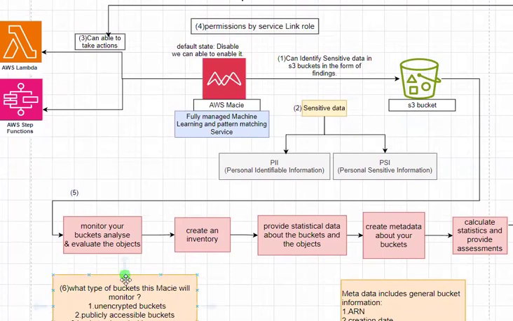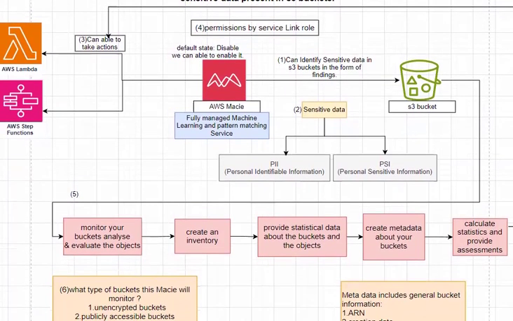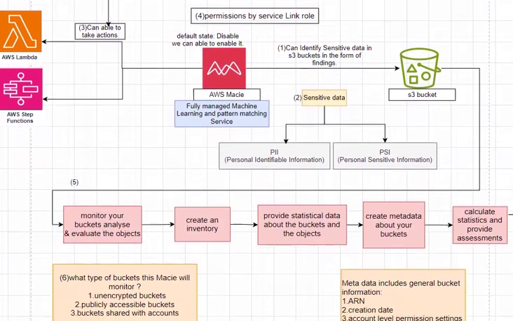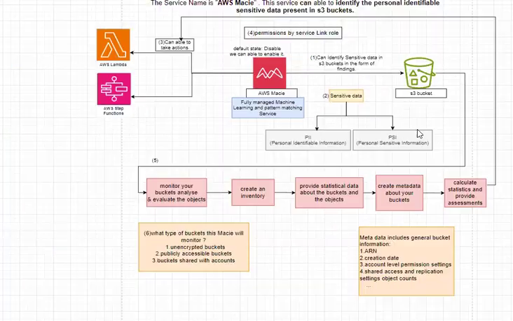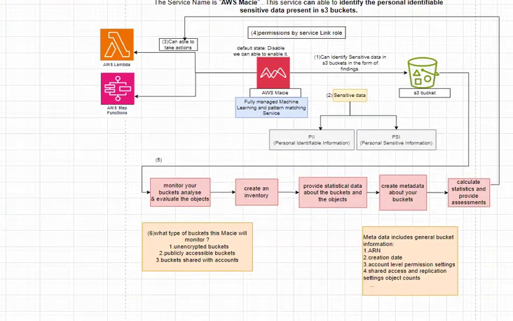It will monitor those as well, and buckets shared with other accounts. In that case as well, if you have some sensitive data, it can be seen by others, right? So in order to monitor them, Macie provides you the facility. Macie can monitor these three types of buckets.